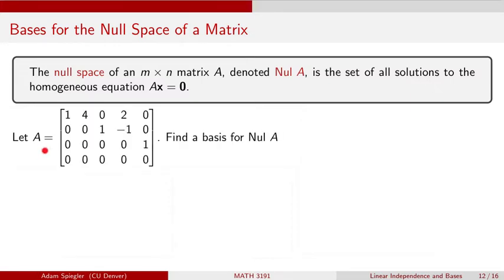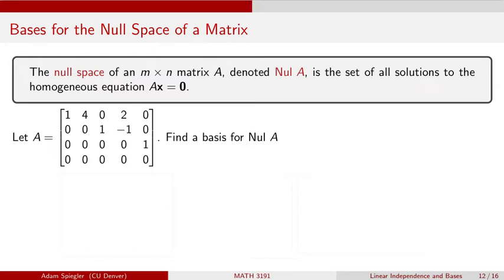Let's take this matrix A, which is conveniently already in reduced row echelon form. You can verify that. I have a pivot in column 1, a free variable in column 2, a pivot in column 3, a free variable in column 4, and then a pivot in column 5. And we have a last row of all zeros.